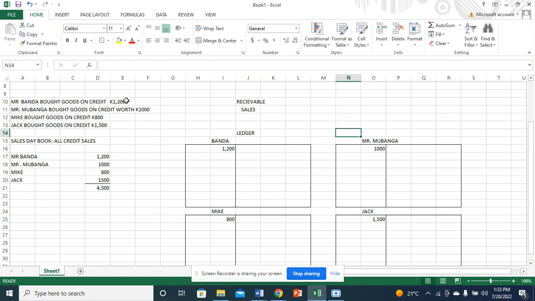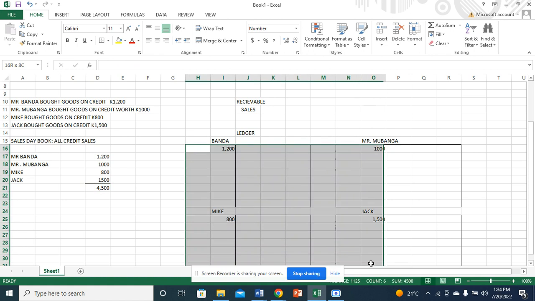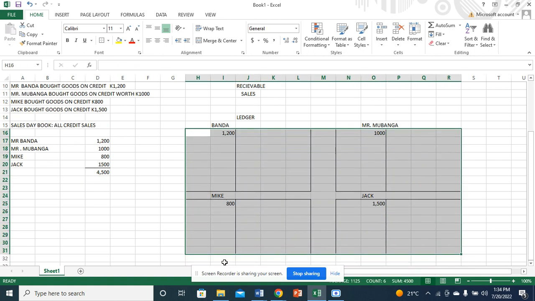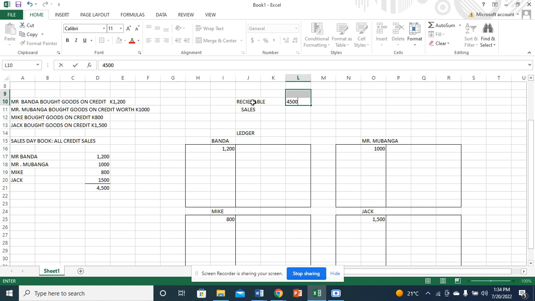So instead of making four different journal entries for Banda, Mubanga, Mike, and Jack, you just tabulate the total of how much everybody's owing you, which is 4,500. When you get the total in these T accounts, it all totals up to 4,500. So your general entry will just be debit 4,500, the receivable, and this is going to the control account.